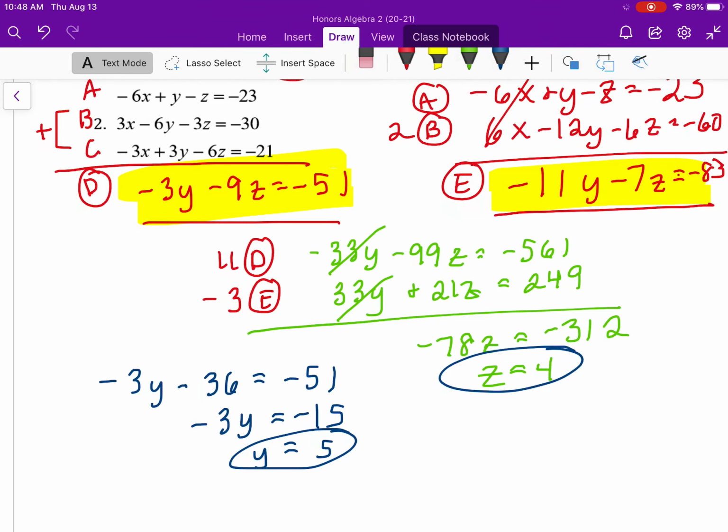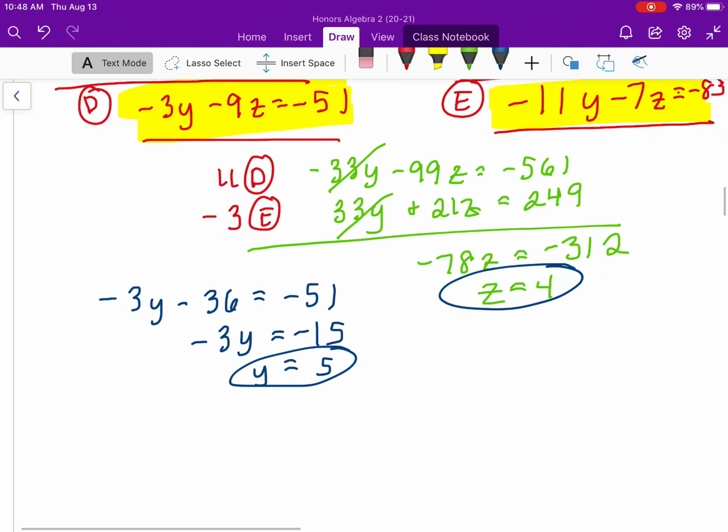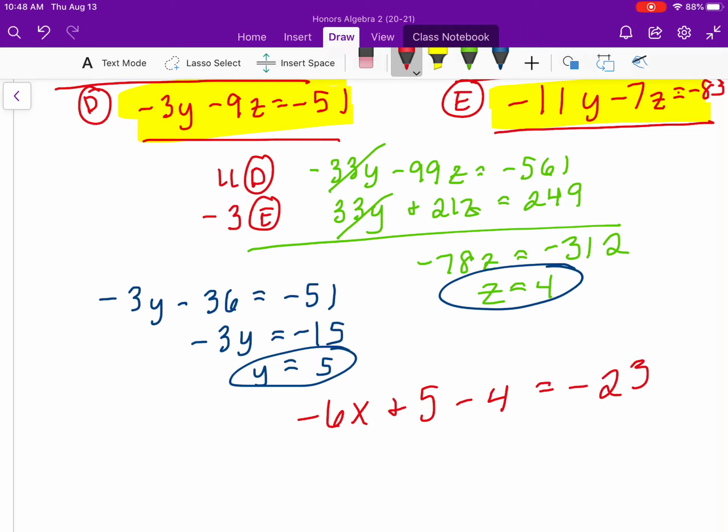And then when you plug that back into any of the originals, I think I plugged it into A. So when I plugged that into A, I got -6x plus 5 minus 4 equals -23. I think I ended up with x equals 4.